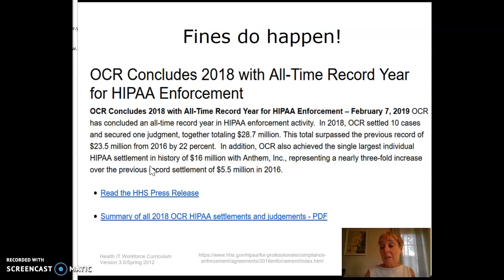That means it was an all-time record year to fine people. So the fines that they did are in this link. It's also a part of one of your assignments, but it's a summary of all the OCR HIPAA settlements and judgments. And as you read through them, you're going to recognize some of them because they made the national news.